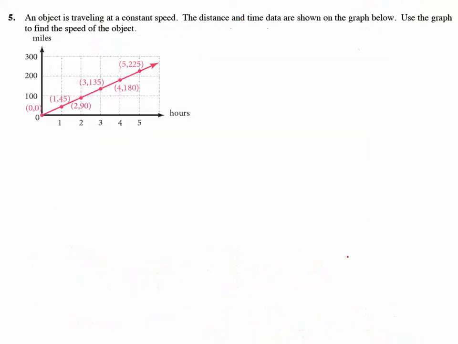Okay, another little example. An object is traveling at constant speed. There's an important word there. The distance and time data are shown on a graph below. Use the graph to find the speed of the object. So here's what I want you to do.